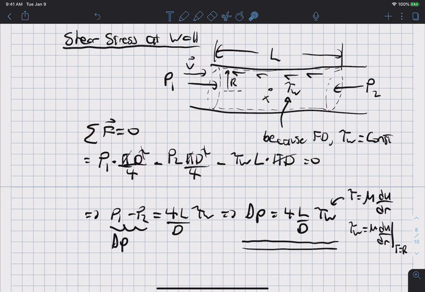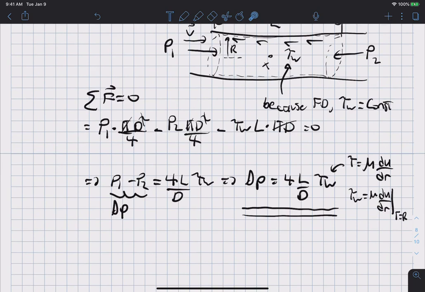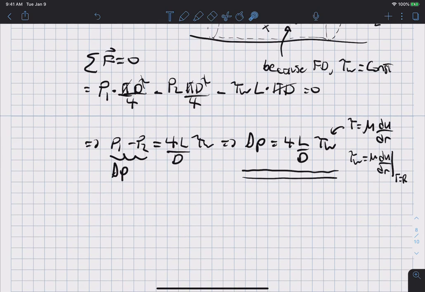And so evaluate tau wall, that equals mu du dr at r equals cap r.